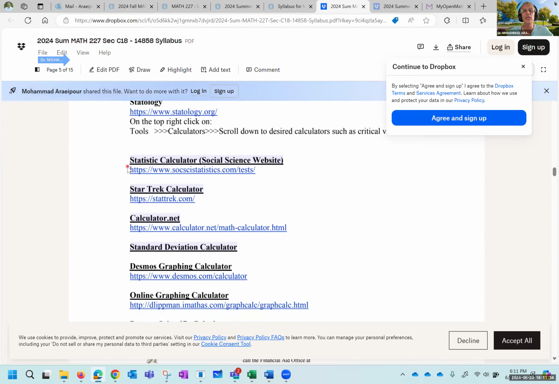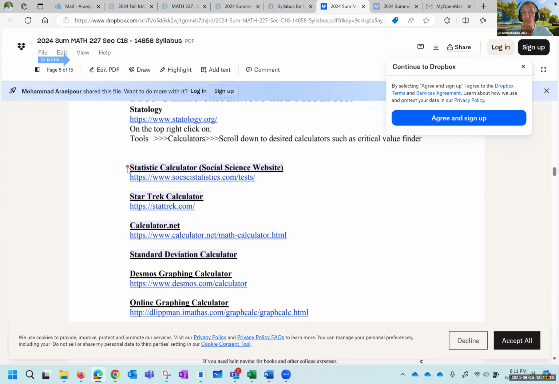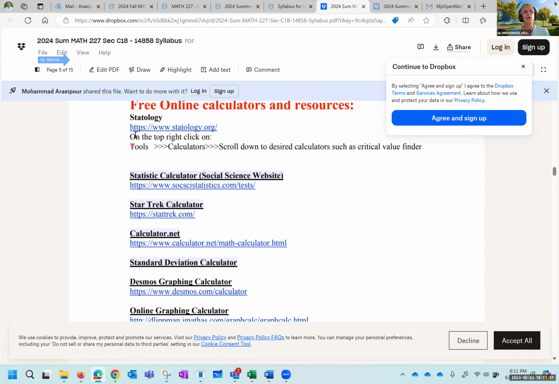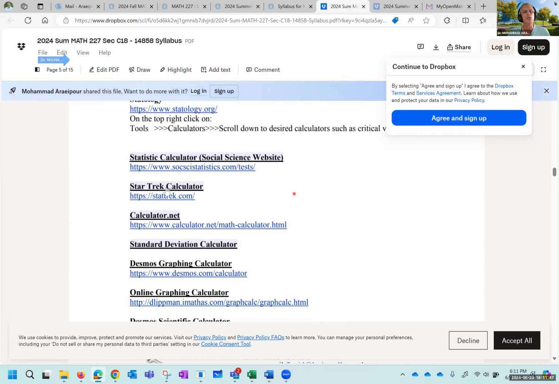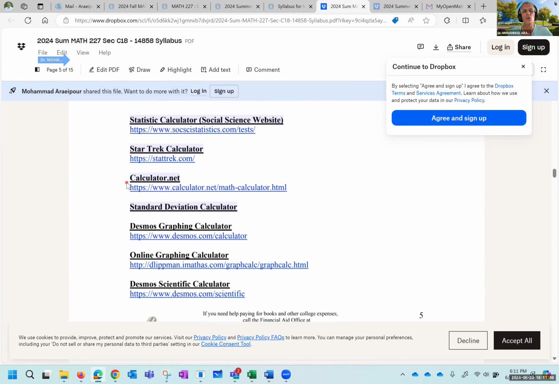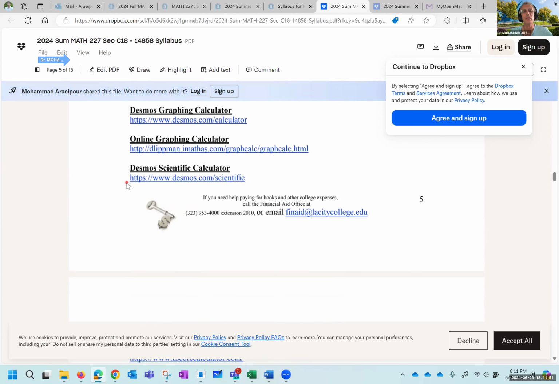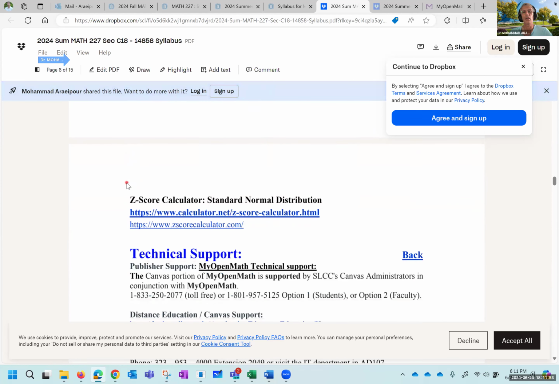However, you really have to explore them, get comfortable with them. So, Statology, statistics calculator for social sciences, Stat Trek, and so on. Many, many calculators online, because I believe students shouldn't pay for anything.